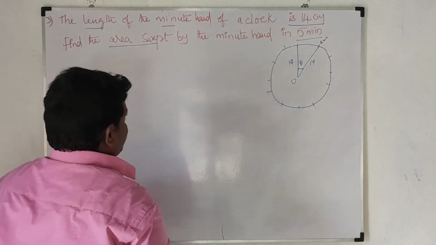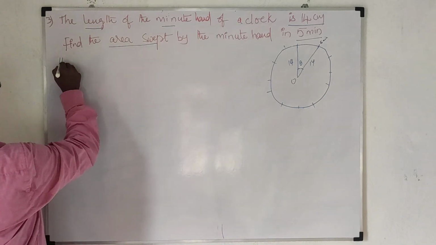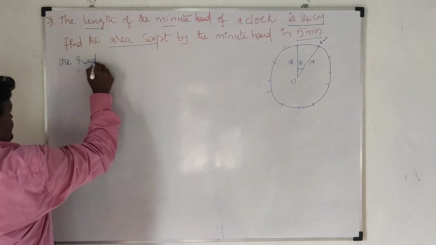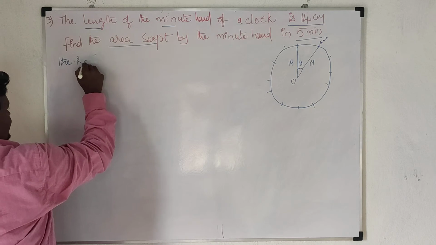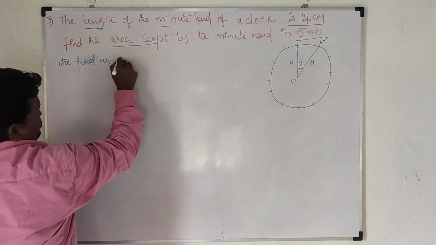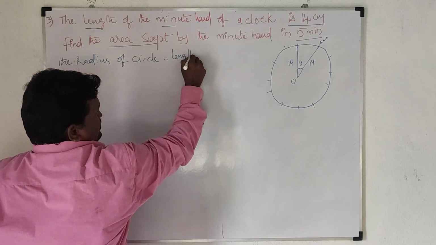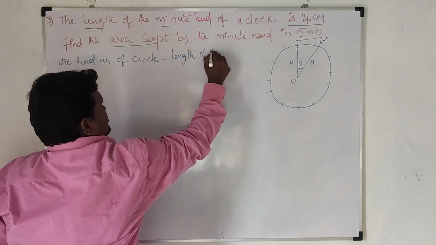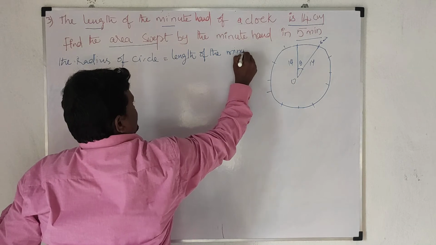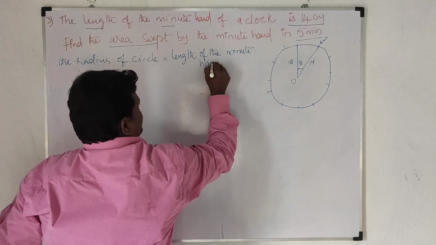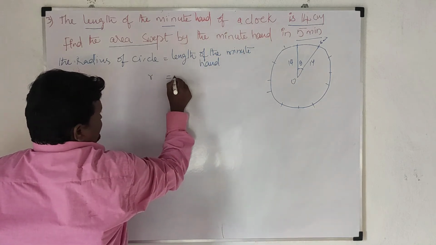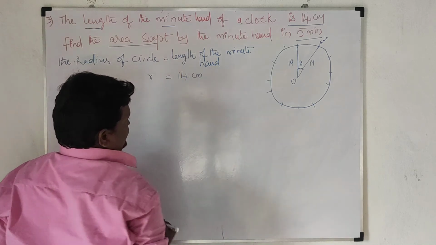Okay, so see that the radius of the circle is equal to the length of the minute hand. What is the length of the minute hand? 14 centimeters.